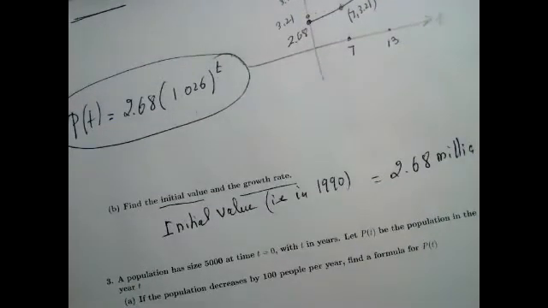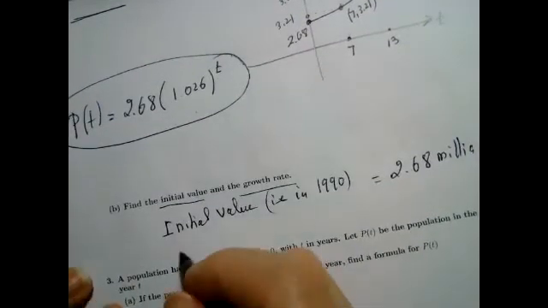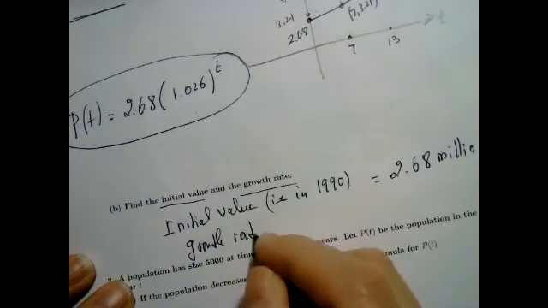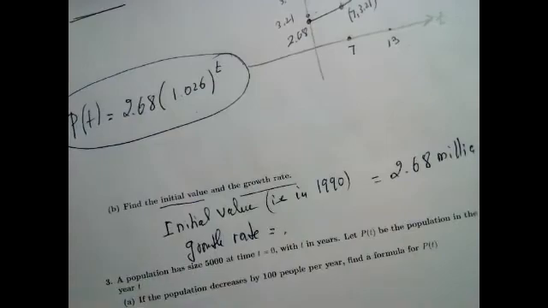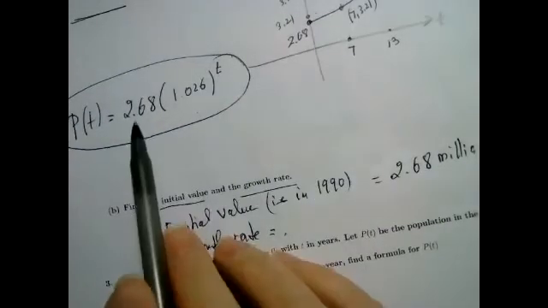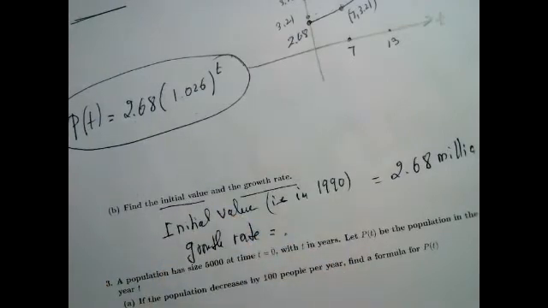And okay, now, what's the growth rate? I want all of you to give me the growth rate. This is a population which is growing at the same rate every year, so at the same percent rate every year.